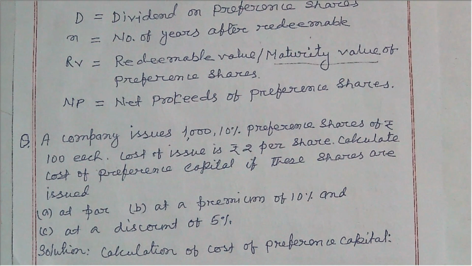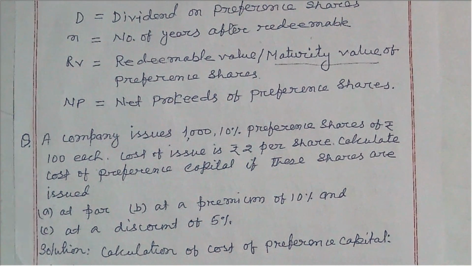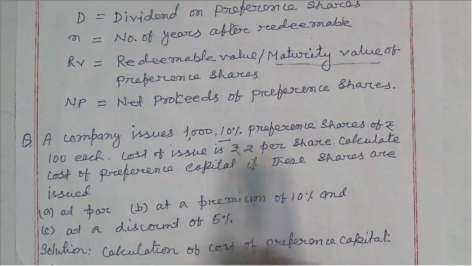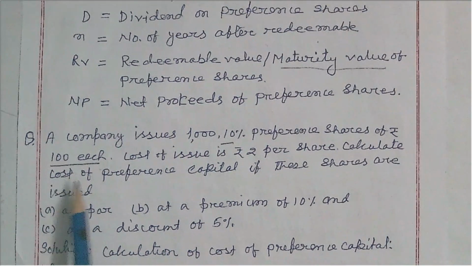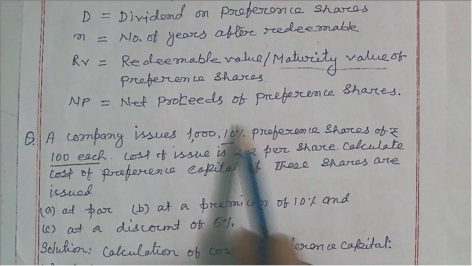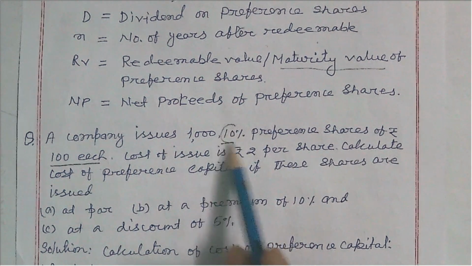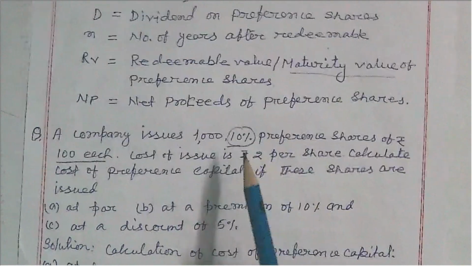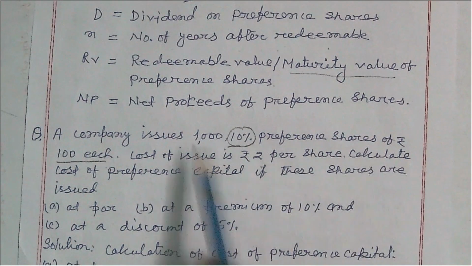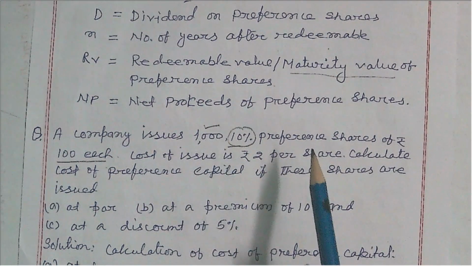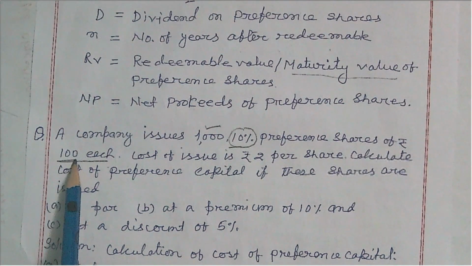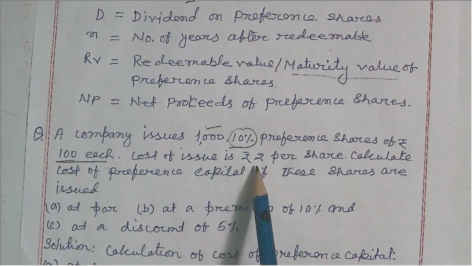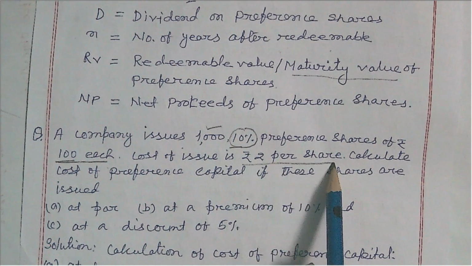A company issues 1000 10% preference shares of rupees 100 each. So this company gives 10% dividend every year, the number of shares issued is 1000, and each share's value is 100, issued at par, and the cost of issue is rupees 2 per share.